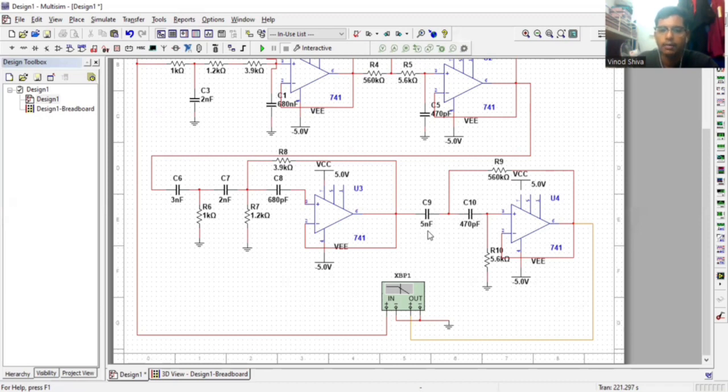C9 is 5 nanofarad and C10 is 470 picofarad, along with resistor R10, 5.6 kilo ohm. This stage further processes the signal to finalize the bandpass filtering effect, ensuring that only the desired frequency band is allowed through.